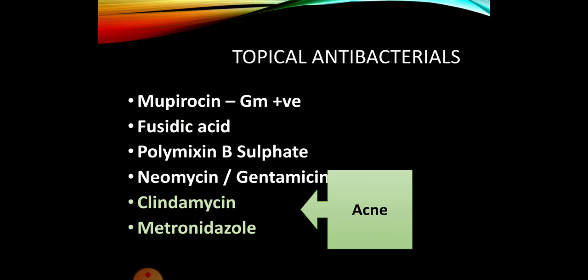Mupirocin acts on gram-positive cocci and gram-positive bacteria, and is extremely effective in skin infections. Other than on the lesions, it should be used in the nares, pinna, umbilicus, perineum, and axilla. Fusidic acid is basically a replacement of mupirocin, which is the only steroidal antibiotic available in the market. So you can use either fusidic acid or mupirocin.